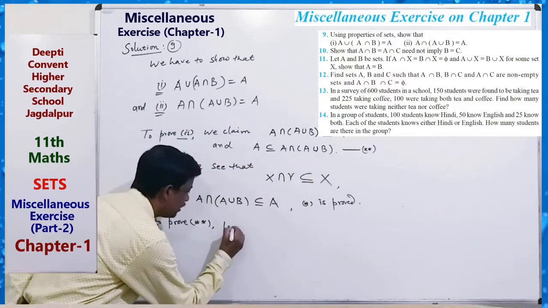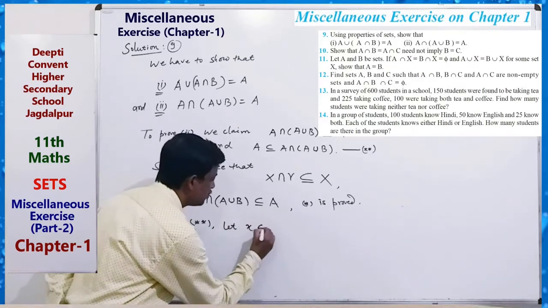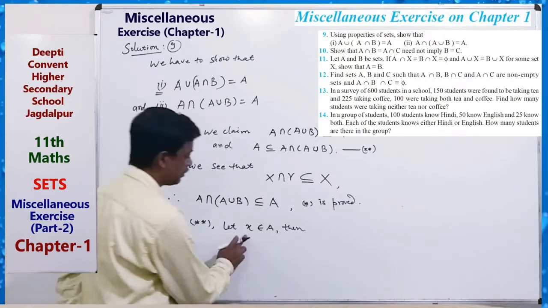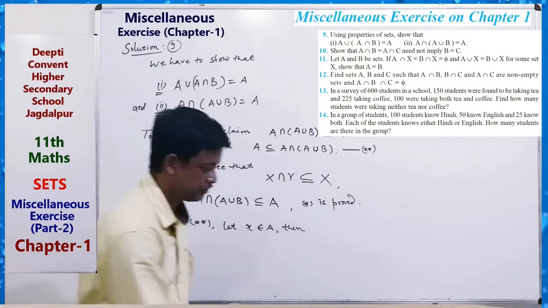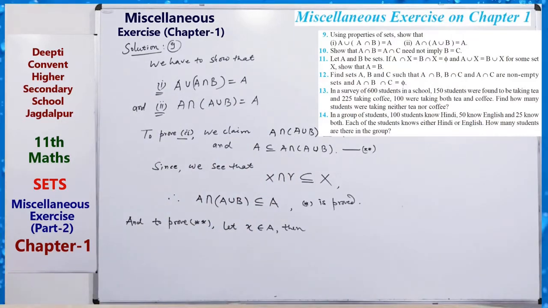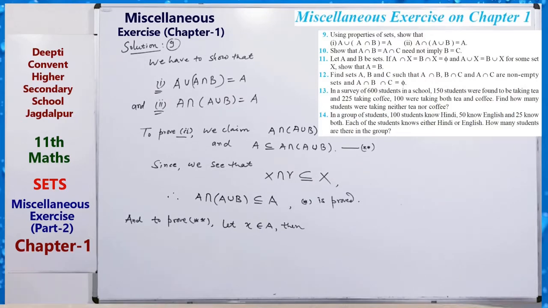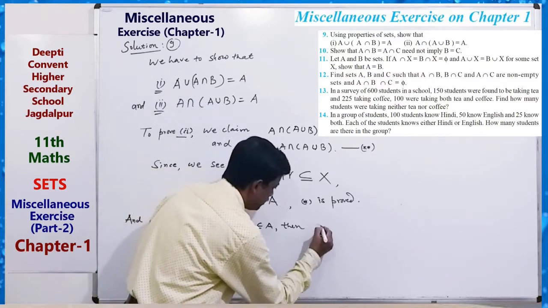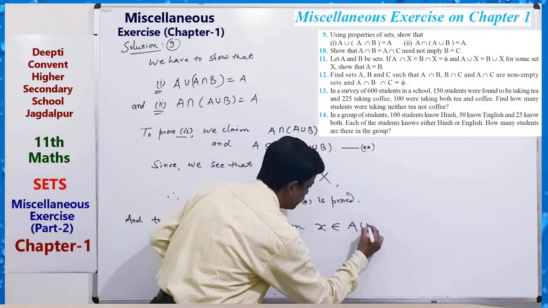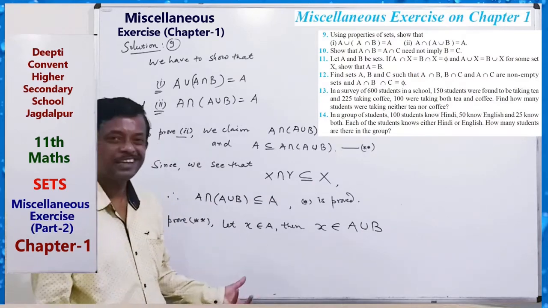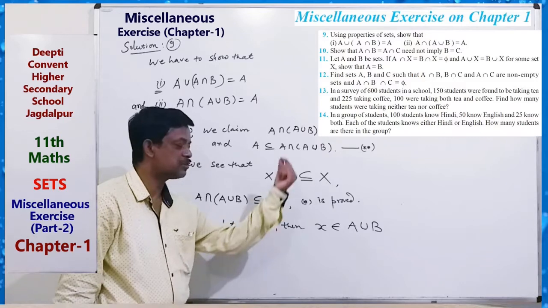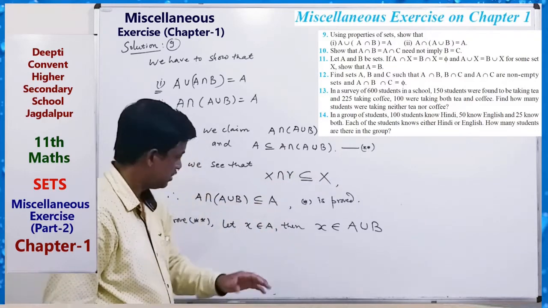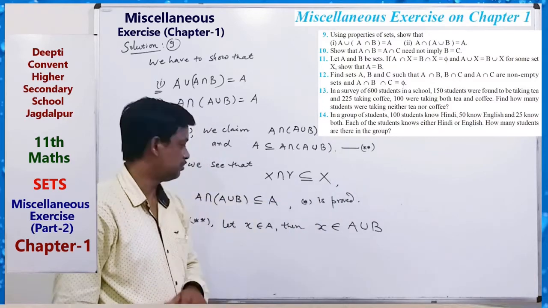Okay? So let x belong to A, then x also belongs to A union B. A union B contains all the elements of A and B. So if x belongs to A, then x also belongs to A union B. So here A and A union B are two sets. x belongs to A and x also belongs to A union B. That means x belongs to both.